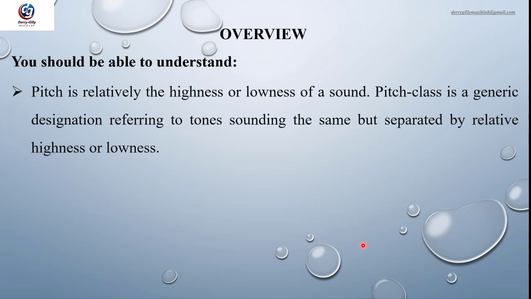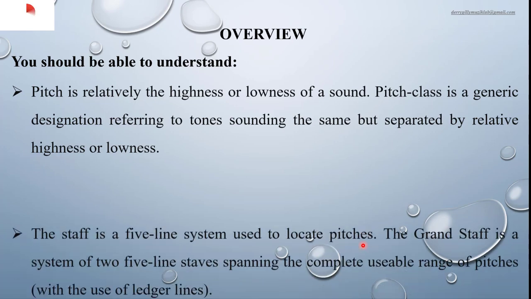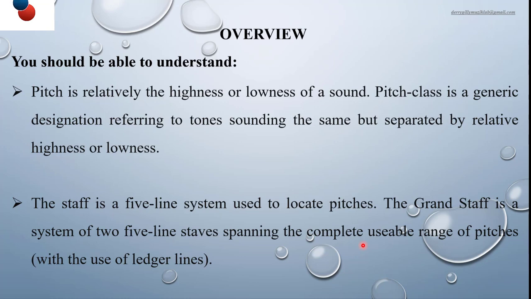You should be able to understand that the staff is a 5-line system used to locate pitches, and the grand staff is a system of two 5-line staves spanning the complete usable range of pitches with the use of ledger lines.